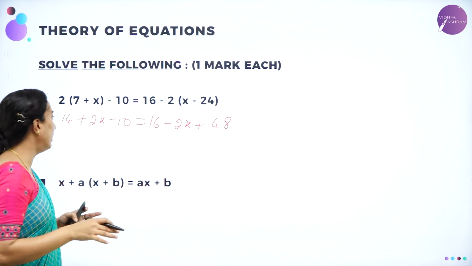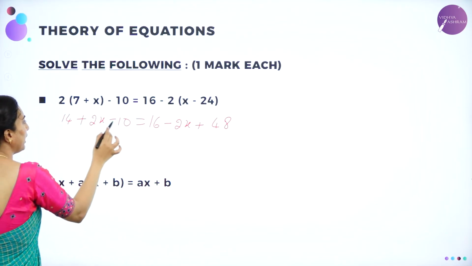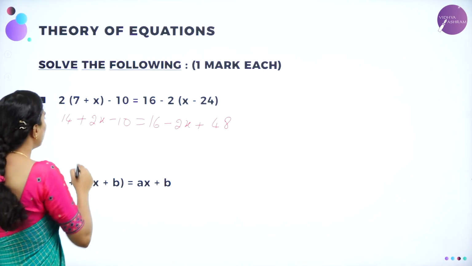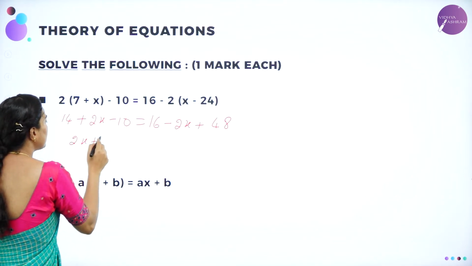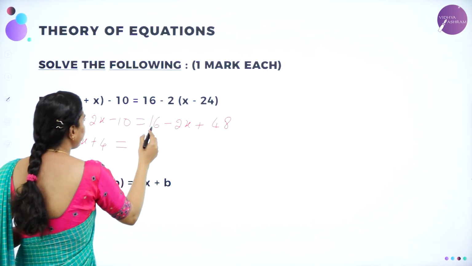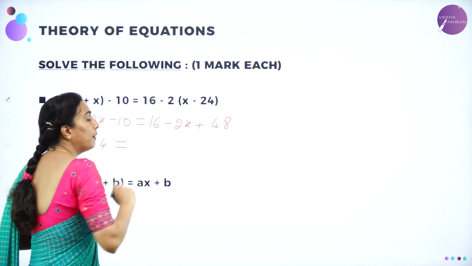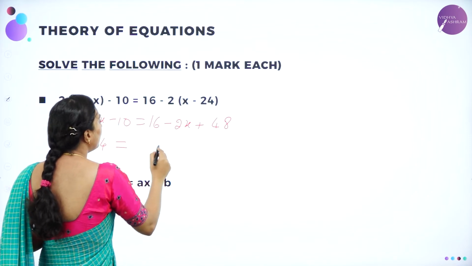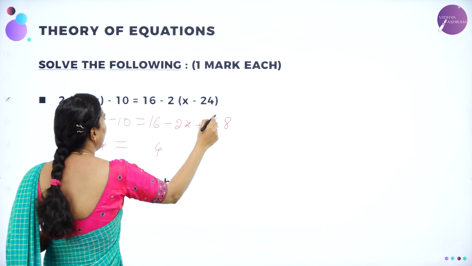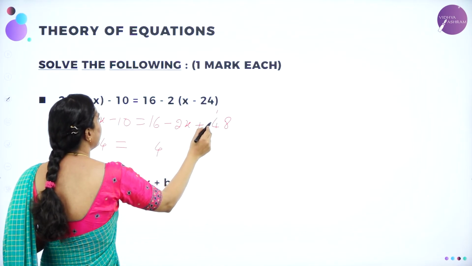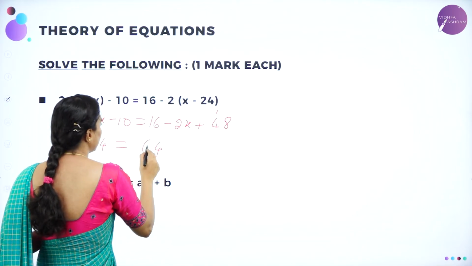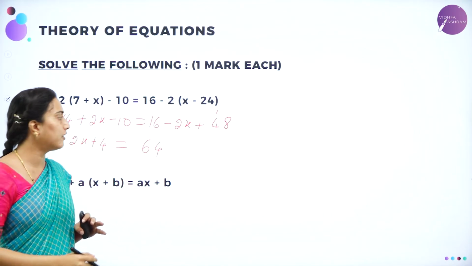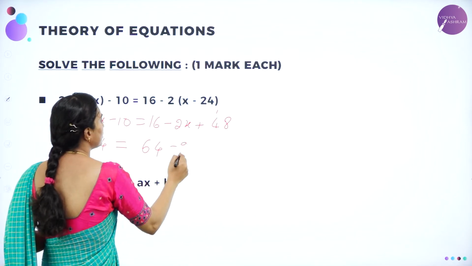Now collecting all the terms, 14 minus 10 gives you plus 4, so 2x plus 4 is equal to here 16 plus 48. So 8 plus 6 is nothing but 14, 4 plus 1 is 5, 5 plus 1 is 6. So 48 plus 16 gives you 64 minus 2x.